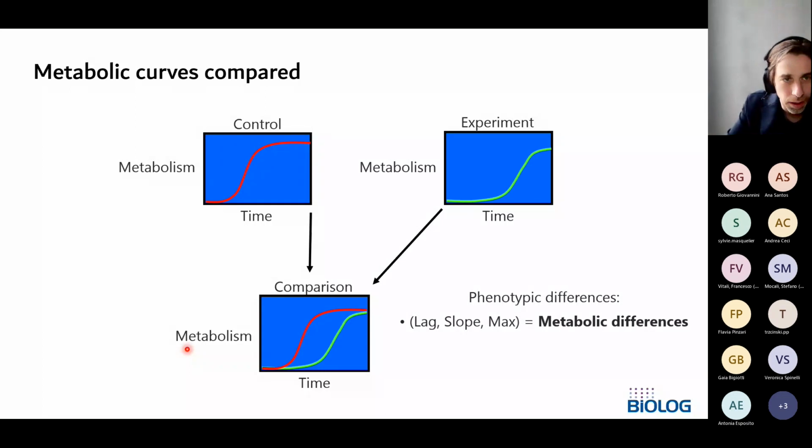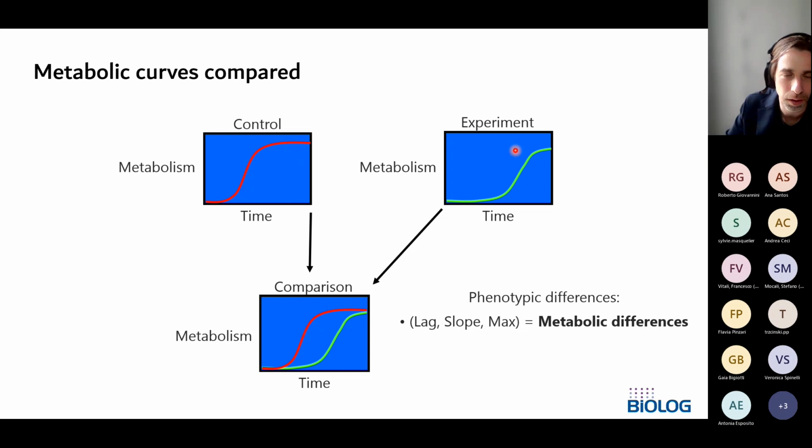But the technology becomes really strong when you use the metabolic curves that are generated for comparison, maybe between a treatment and a control, or a mutant and a wild type. And this is important. The kinetic is so much more informative than just reading endpoint.